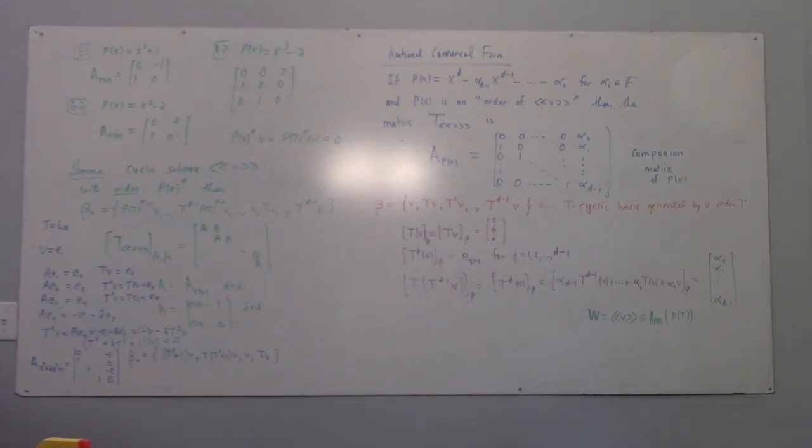Is that true though? Or is the minimal polynomial for this matrix actually just x squared plus 1? This was x squared plus 1 squared, right? So the question is, is this the minimal polynomial, or is it actually x squared plus 1?